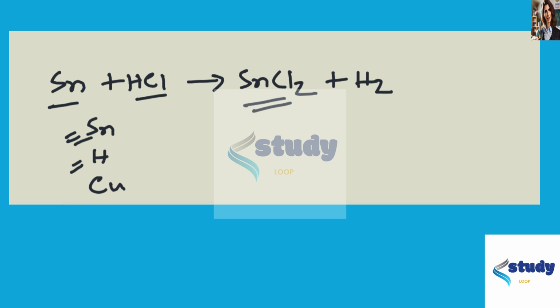That means tin, being above hydrogen, will be able to react with HCl to release hydrogen and to produce SnCl2.